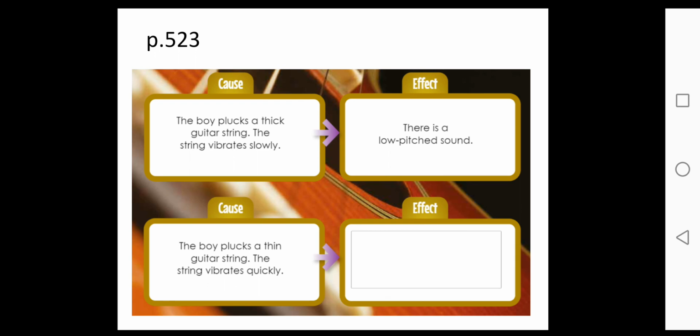Now, what will happen when the boy plucks a thin guitar string? When he plucks a thin guitar string, the string vibrates quickly.